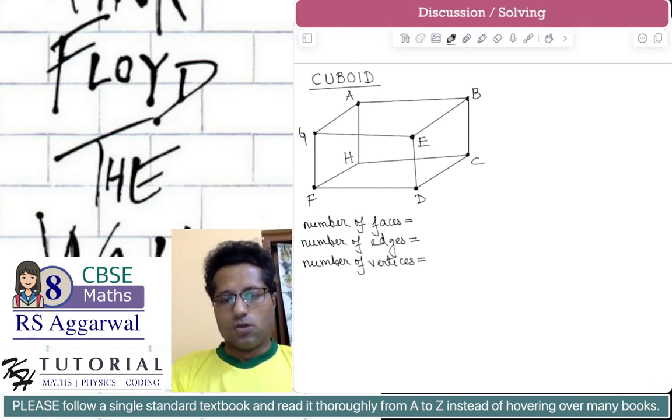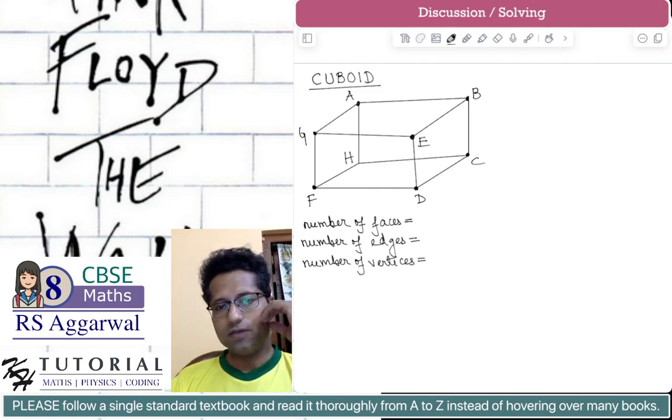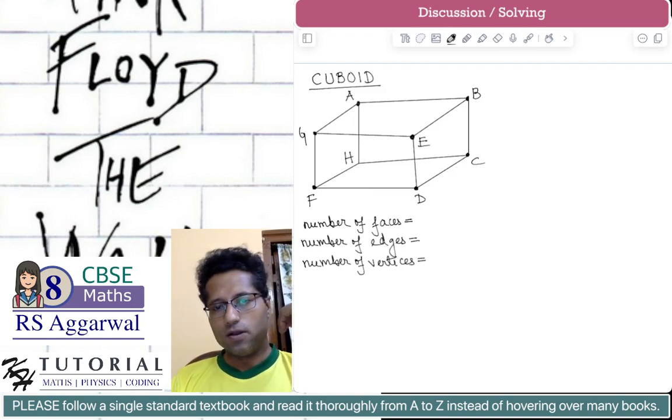Okay. So what is a cuboid? As you can see, all the faces are flat, and also all the edges are straight lines. And there are many vertices, as you can see.